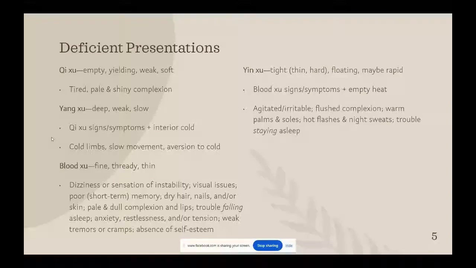It's this hormonal imbalance essentially causing these temporary hot flashes or night sweats, or you might see someone with red flushed cheeks rather than someone who just has a chronically red face. Warm palms and soles of the feet, so not the whole body, just parts of the body.